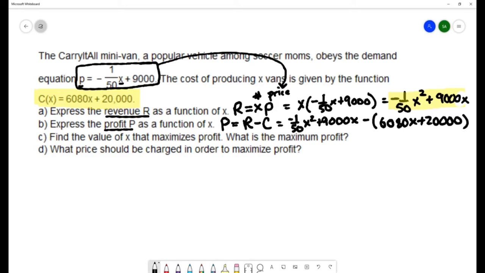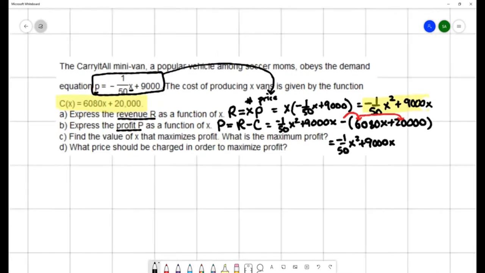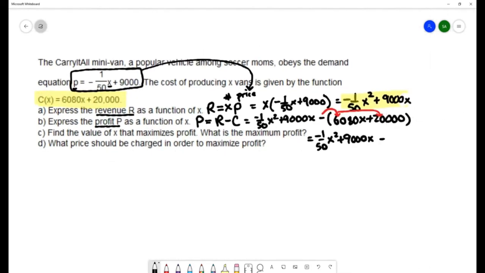We are going to distribute this negative to both the terms in the cost function. That gives negative 1/50th x squared plus 9,000 x minus 6,080x minus 20,000.